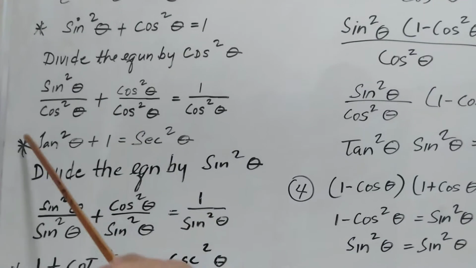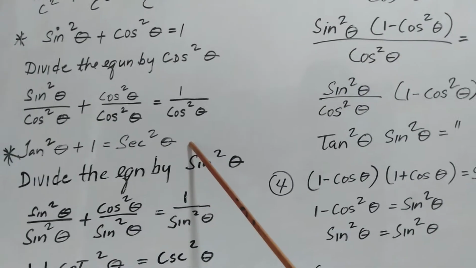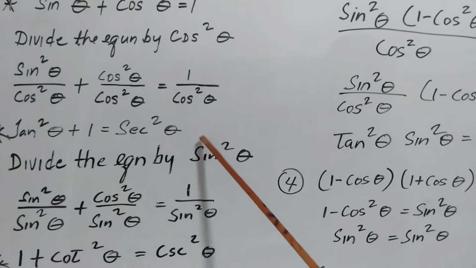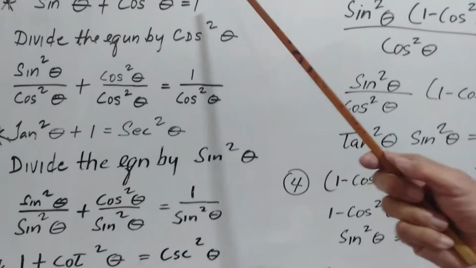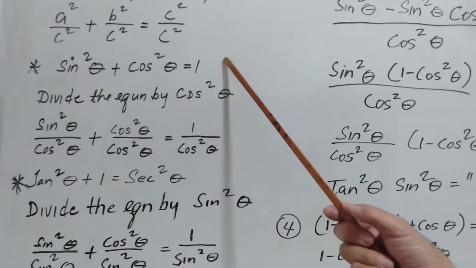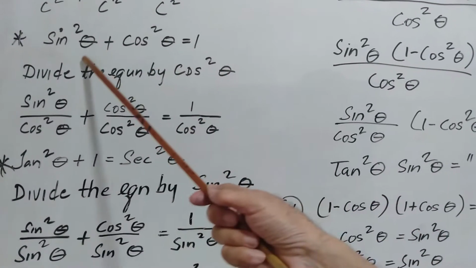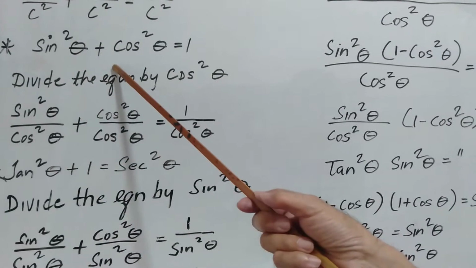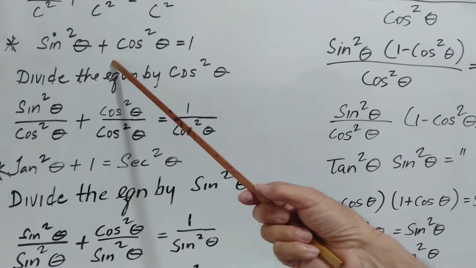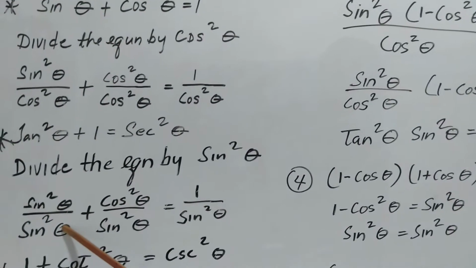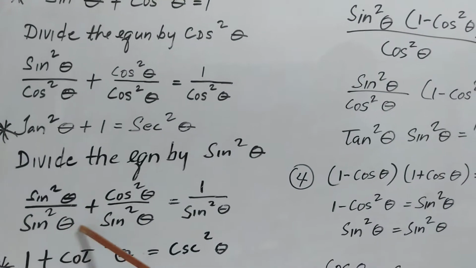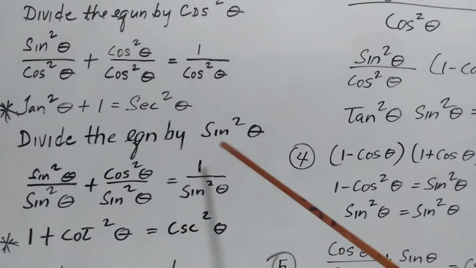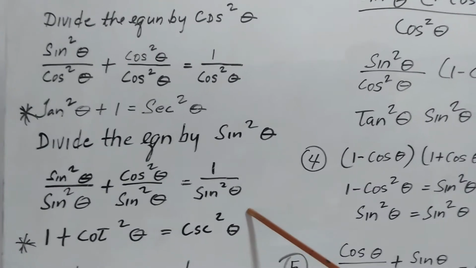Now we have derived another identity, and we will go back to this basic identity. If we divide the whole equation by sine squared theta, we get sine squared theta over sine squared theta plus cosine squared theta over sine squared theta is equal to 1 over sine squared theta.